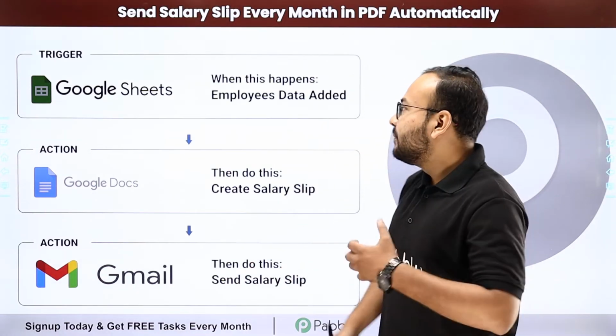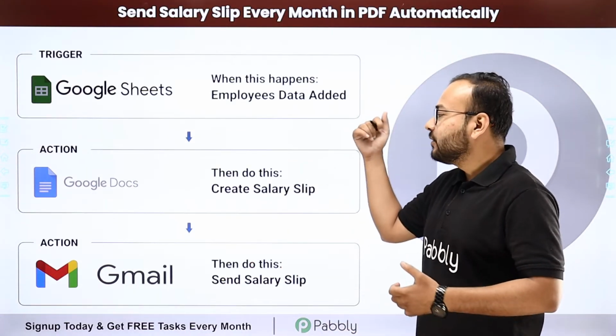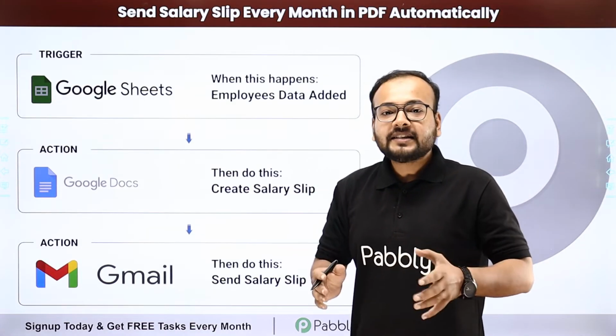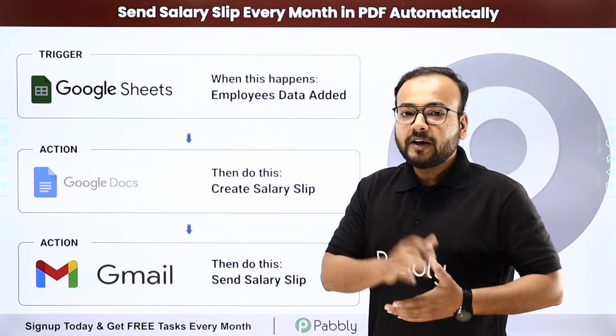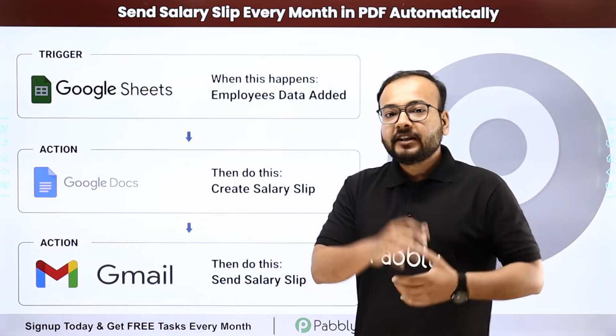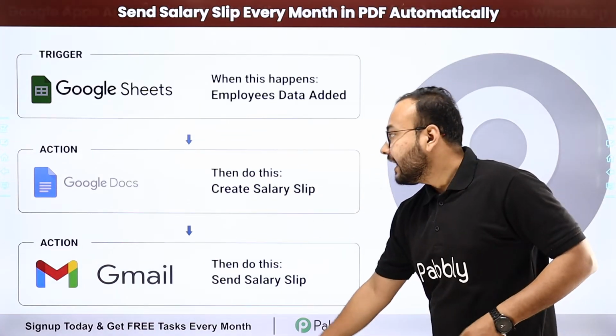So you don't have to manually add the details, you don't have to manually create the salary slips, and you don't have to manually send the salary slips one by one to all of your employees. So it will save a huge amount of your time and your team's productivity will be improved. Let's see another one that we have.